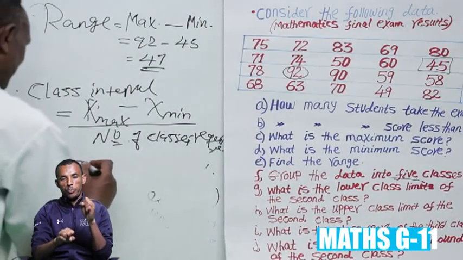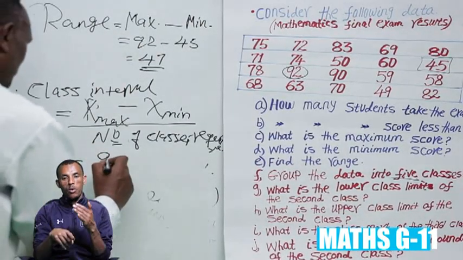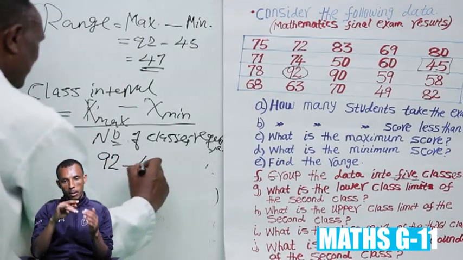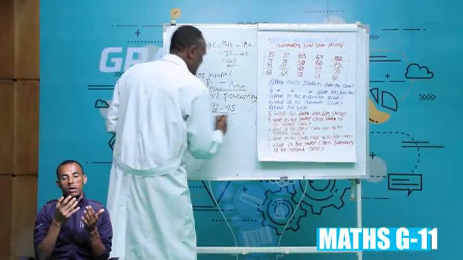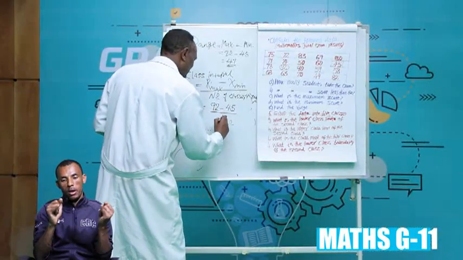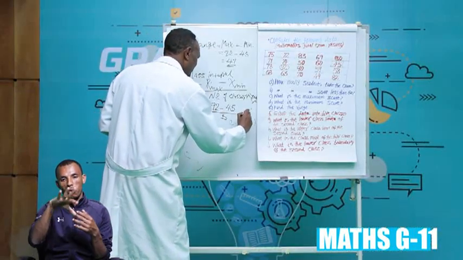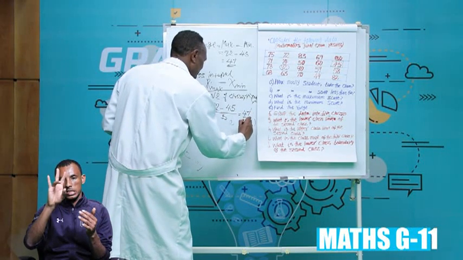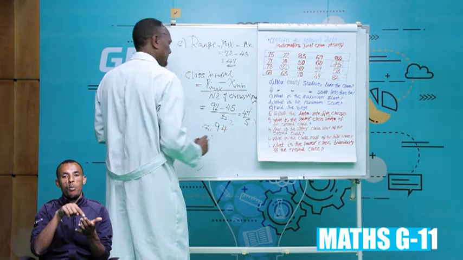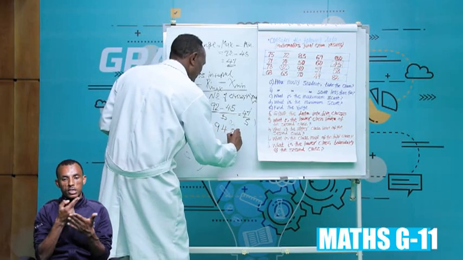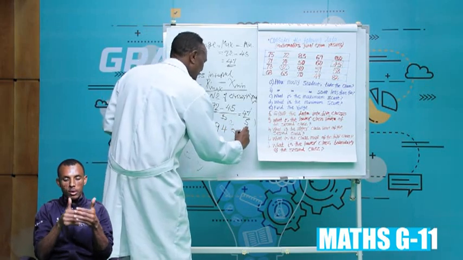So the maximum value 92 minus the minimum value 45, what you have calculated as the range, divided by the number of classes required, 5. You will get 47 over 5, which gives 9.4. Take this value approximately to an integer.